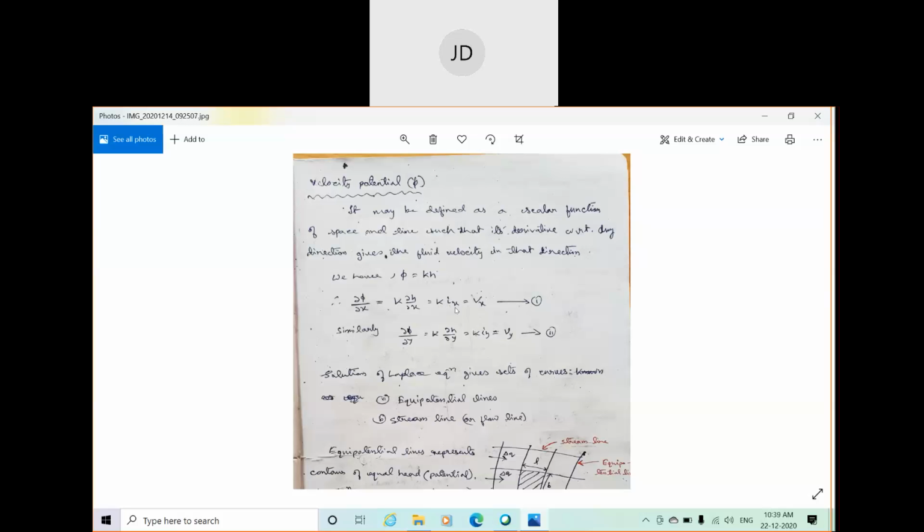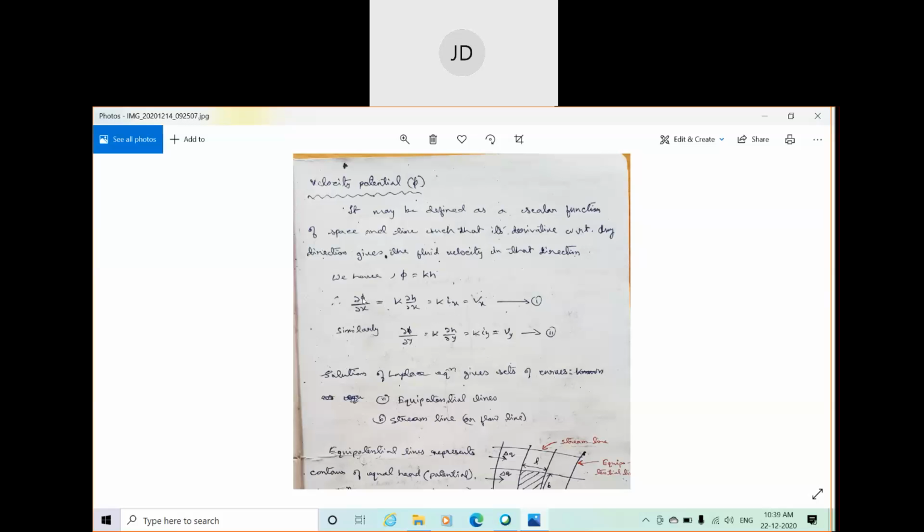As per Darcy's law, k into i is equal to v. Since we have k into Ix, we get the velocity in x direction, Vx. So del phi by del x equals Vx, and similarly del phi by del y gives Vy.